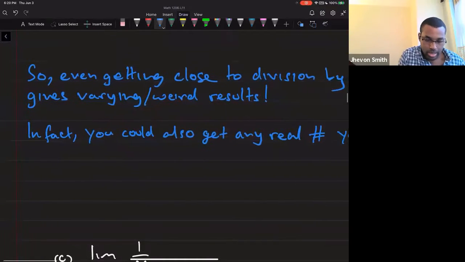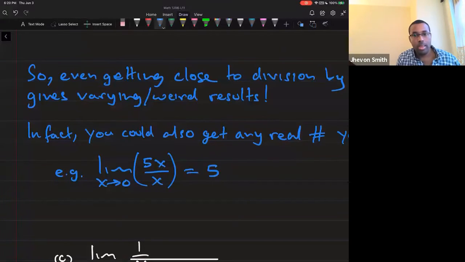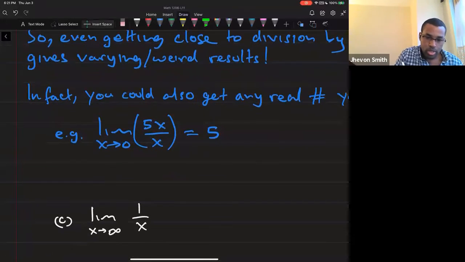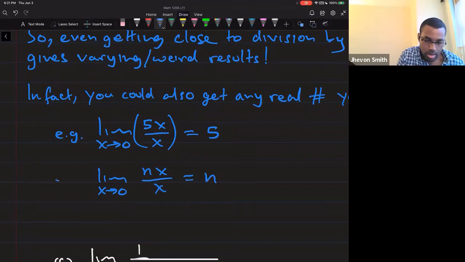It's kind of a silly thing to say, but here's an example. As x approaches 0 of that expression, the answer would be 5. And in fact, as x approaches 0 of any expression that looks like this, you would get n, where n is a real number.